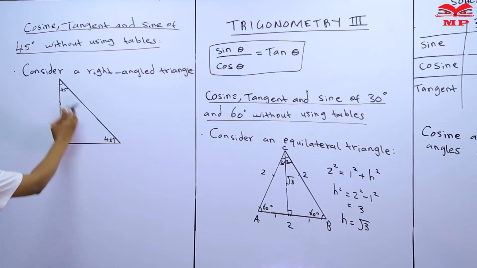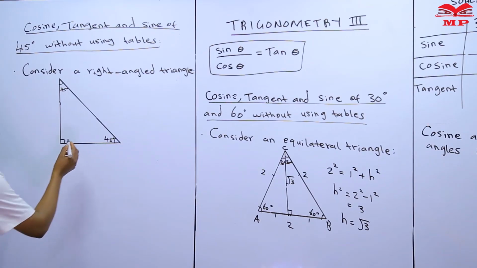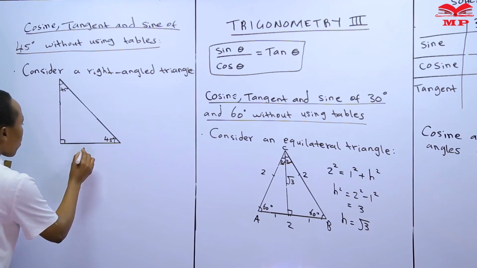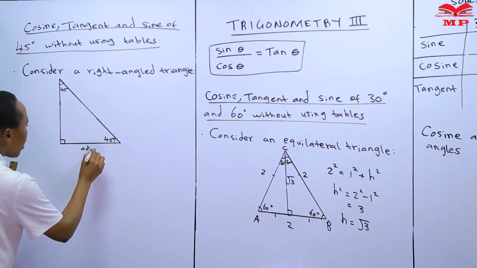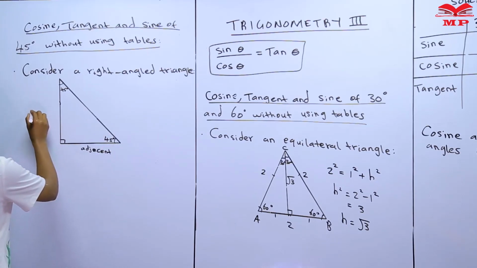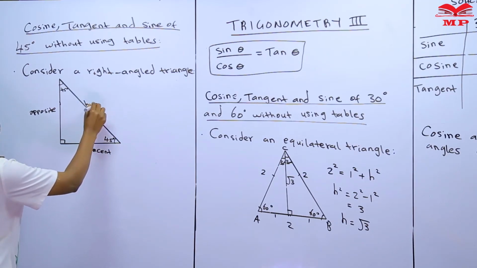Therefore, these two angles are complementary. Their sum is 90 degrees. So if we are taking this one, we'll have this side as our adjacent, this side as our opposite, and this side as our hypotenuse.